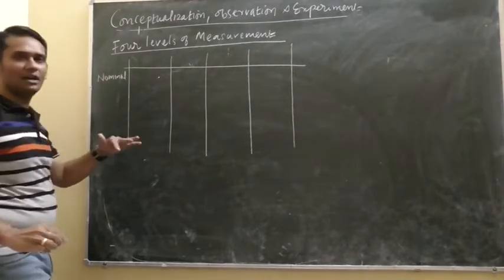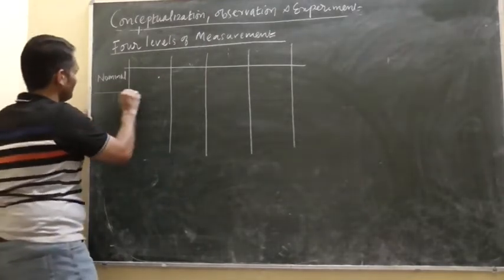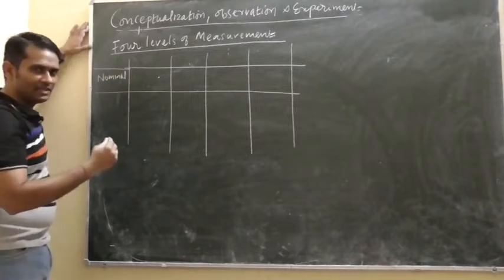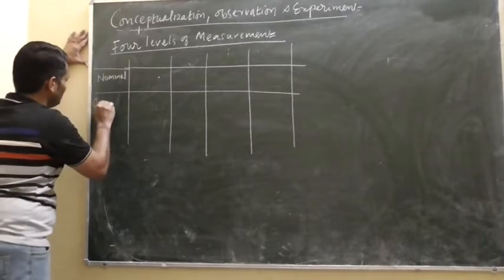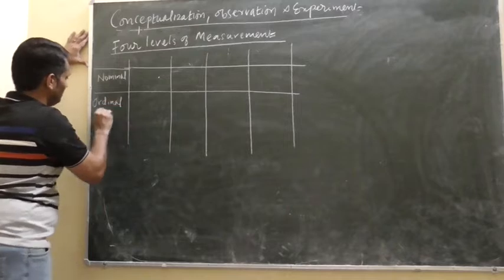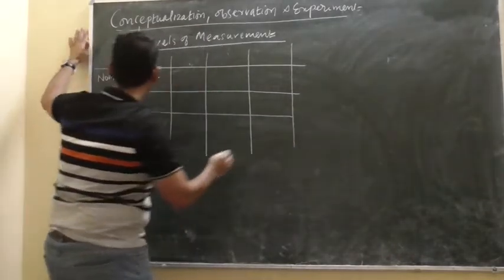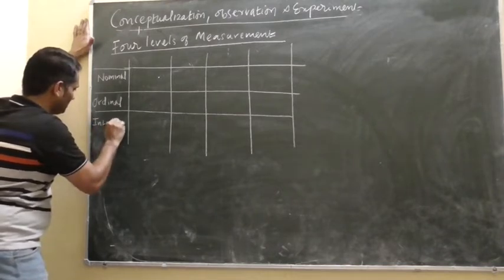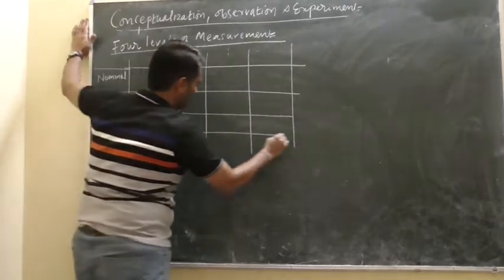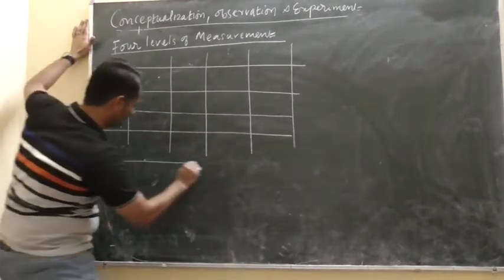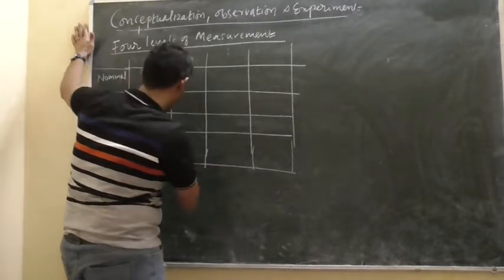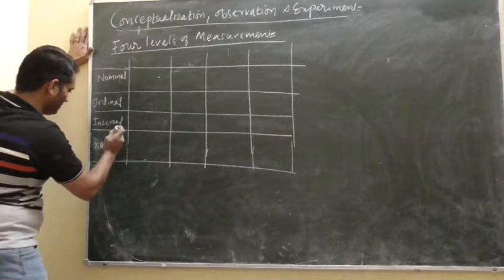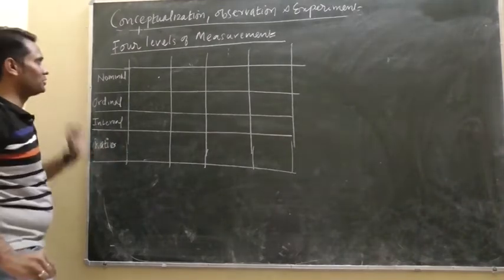The first scale is the nominal scale. The second is the ordinal scale. The third is interval. The fourth is the ratio scale.